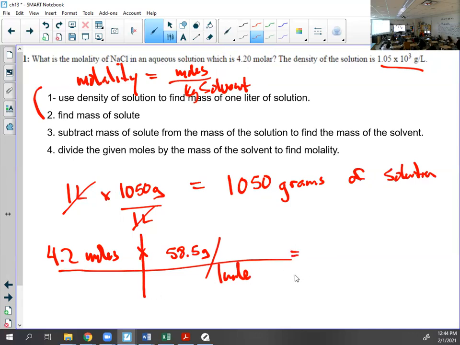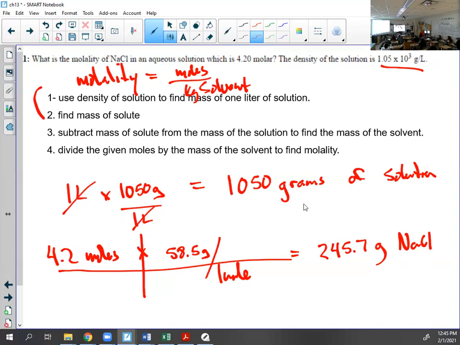Okay, we've used that for a long time. It's 245.7. All right, that's grams of NaCl that are in this 4.2 molar solution.